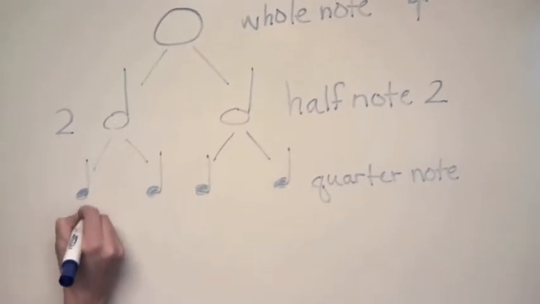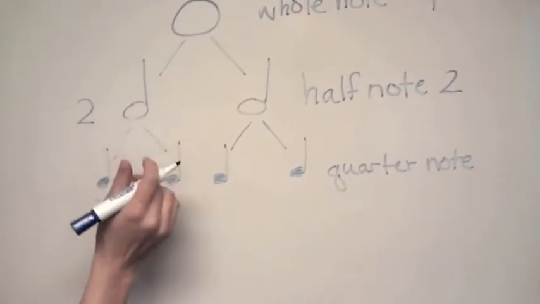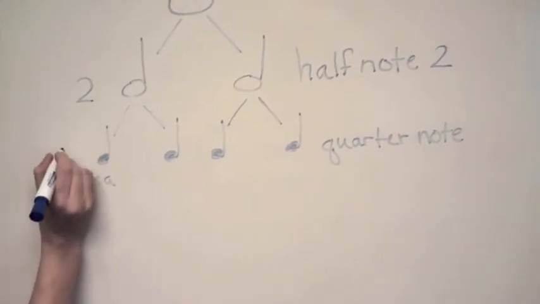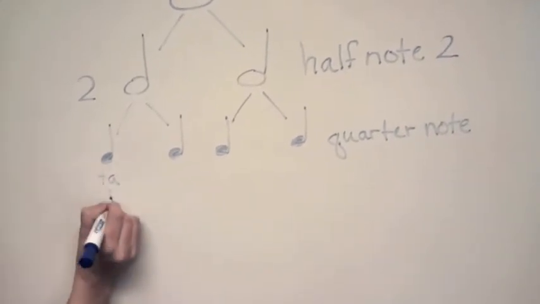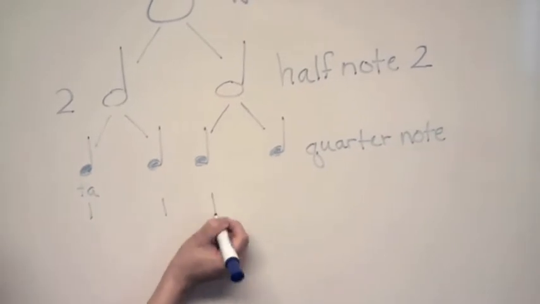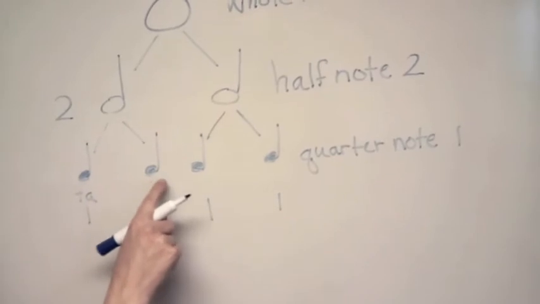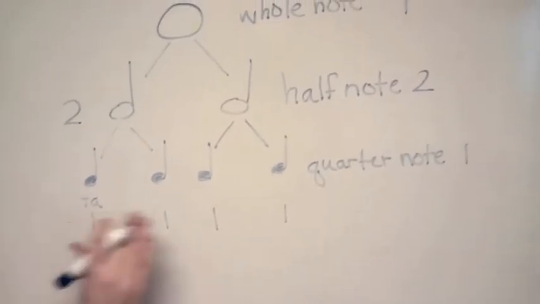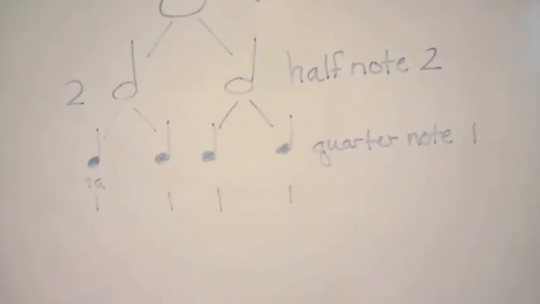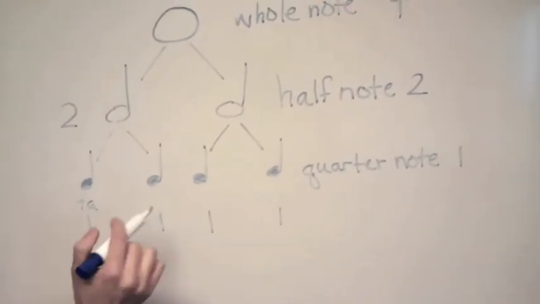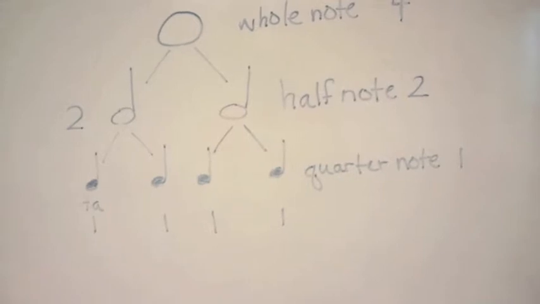Since we broke those up, 2 split into equal sections is 1. So each one of these is 1, and 1 plus 1 plus 1 plus 1 is 4, which is also equal to the whole note. So 4 quarter notes can fit inside of a whole note.